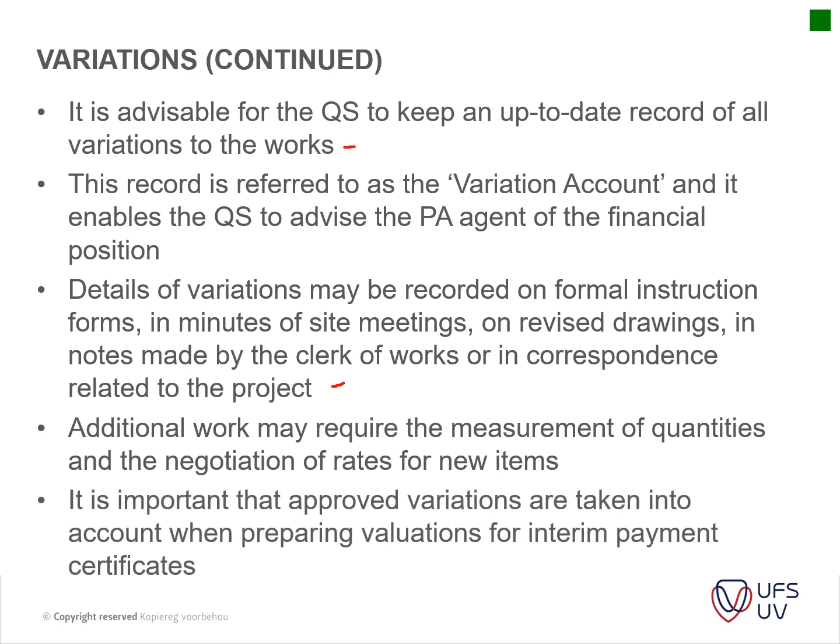Okay, it is important that the approved variation orders are taken into account when preparing valuations for interim payment certificates. This is very important. Sometimes I've seen QSs that do not incorporate these variations from the start, but leave it to the end, and that's usually where disputes come from.